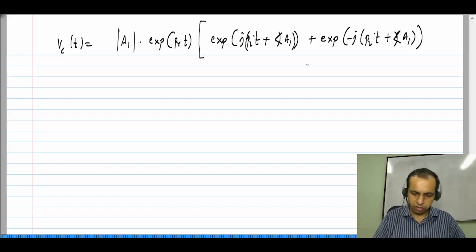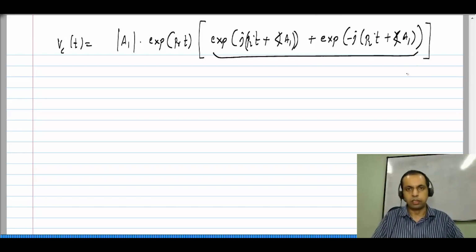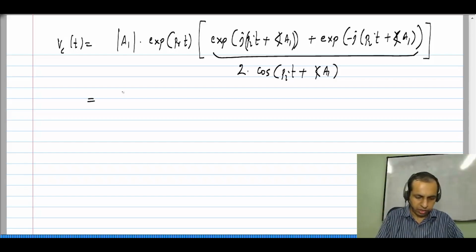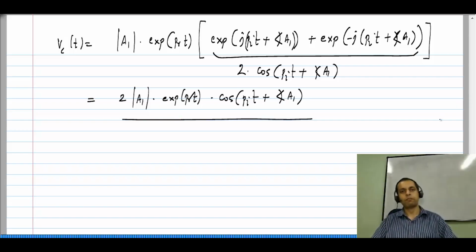And you realize that this is nothing but 2 times cos (PI t plus angle of A1). So this whole thing can be written as 2 times absolute value of A1 exponential PR t and cos (PI t plus angle of A1).